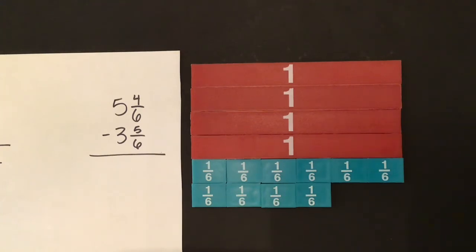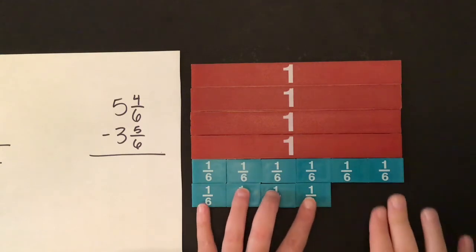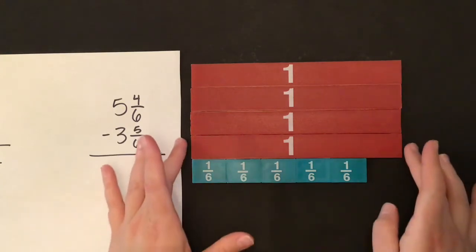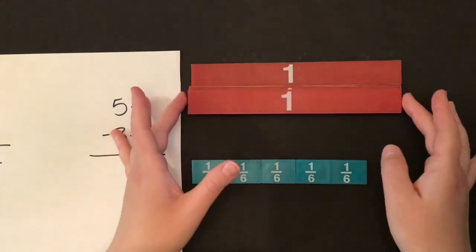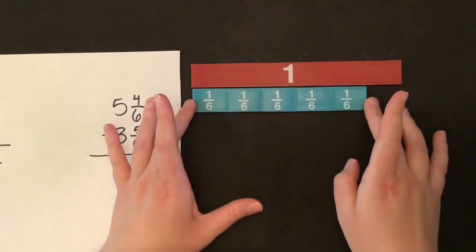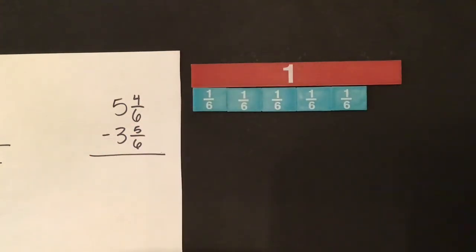So now I can go ahead and take away 5 pieces. And I can go ahead and take away 3 wholes. So our answer is 1 5/6.